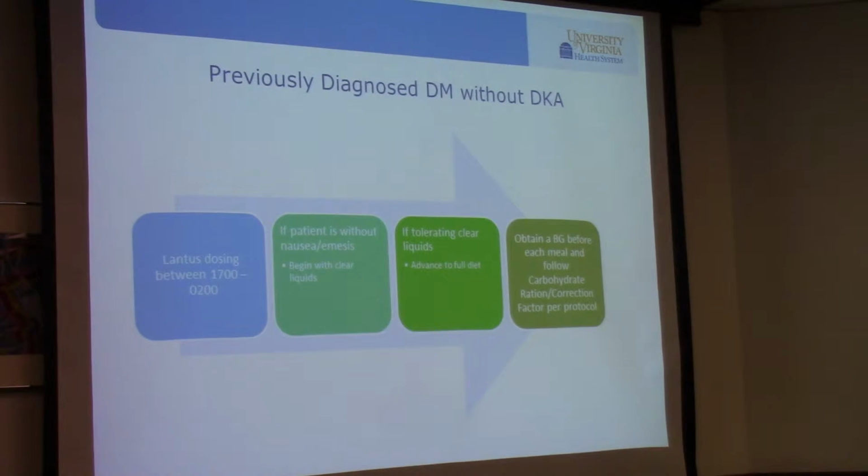So brand new diabetic, did the same sort of thing that you do for everybody else by checking labs and giving her a little bit of a bolus first while you're waiting on labs, and then you go to the carb ratio correction. So now we just need to fix her, but she's definitely a diabetic. She's got some issues that need to be corrected, but we don't need to do all the special solutions. We don't need to start her on an insulin drip. Okay? So far, so good.